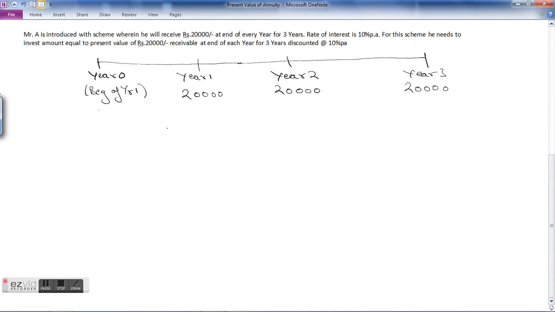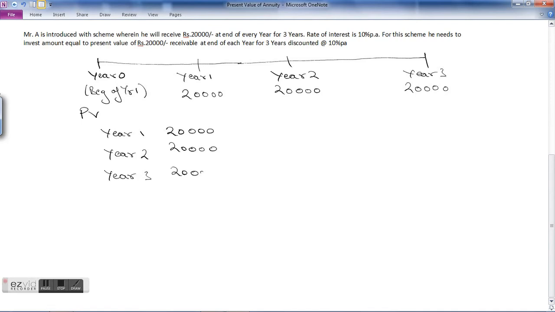That is nothing but the present value of all these annuities. Now we'll see logically how to find the present value. The discount rate is 10% per annum, for year 1, year 2, year 3, and the amount is 20,000 each year.